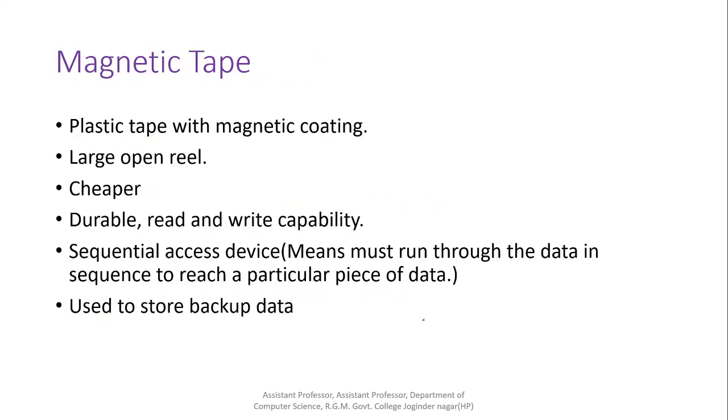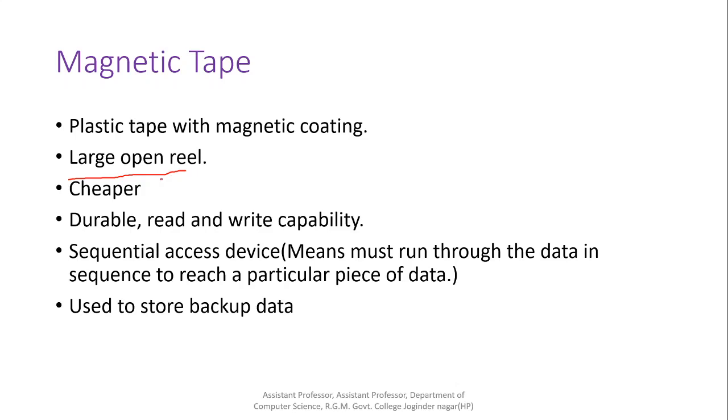Firstly I will discuss magnetic tape. A magnetic tape is a plastic tape with magnetic coating, and it is a storage medium on a large open reel or in a small cartridge or cassette, like the music cassettes that were available in past days for listening to music.